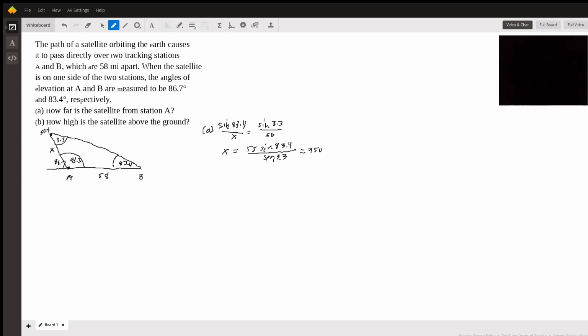55. Is that 50? No, that's supposed to be 58. Sorry. Let me do that again. 58 sine 83.4 divided by sine of 3.3. I get 1,000. So I don't get that 950.